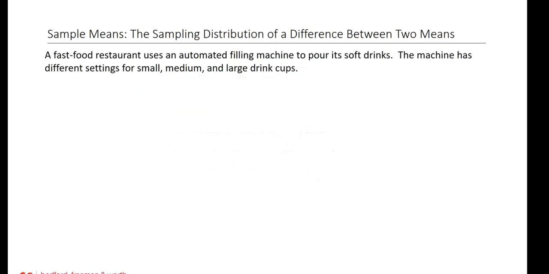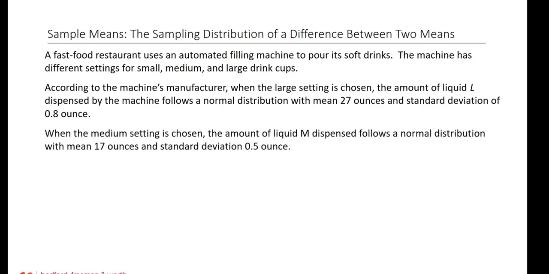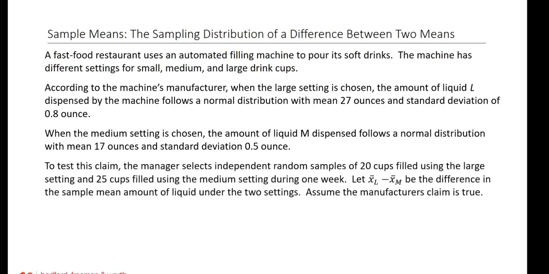Okay. A fast food restaurant uses an automated filling machine to pour soft drinks. The machine has different settings for small, medium, and large drinks. According to the machine's manufacturer, when the large setting is chosen, the amount of liquid L dispensed by the machine follows a normal distribution with a mean of 27 and standard deviation of 0.8. When the medium setting is chosen, it has a different mean and standard deviation listed there, but it's normal.